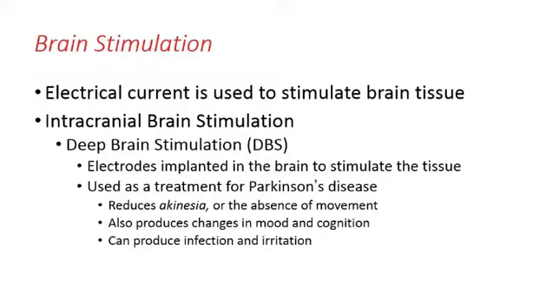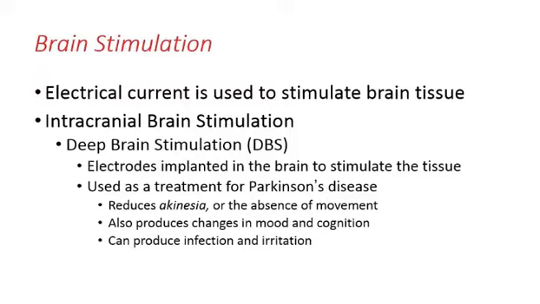In addition to recording the brain's activity, we can stimulate different areas of the brain to see what it does and try to get some sense of what function that area of stimulation has. Usually electrical current is used to stimulate the brain tissue. We have things like deep brain stimulation, an intracranial technique where electrodes are implanted in the brain directly to stimulate the tissue. Deep brain stimulation is one of the more successful surgical approaches for treatment of Parkinson's disease, and it helps to reduce akinesia or dyskinesia, the absence or irregularity of movement.